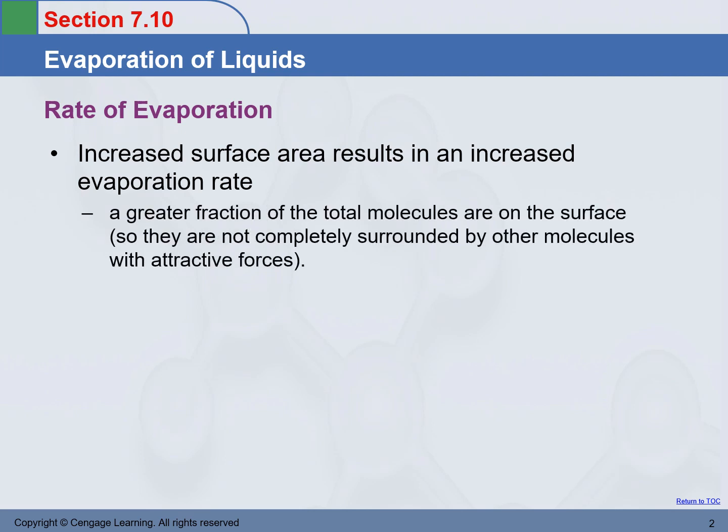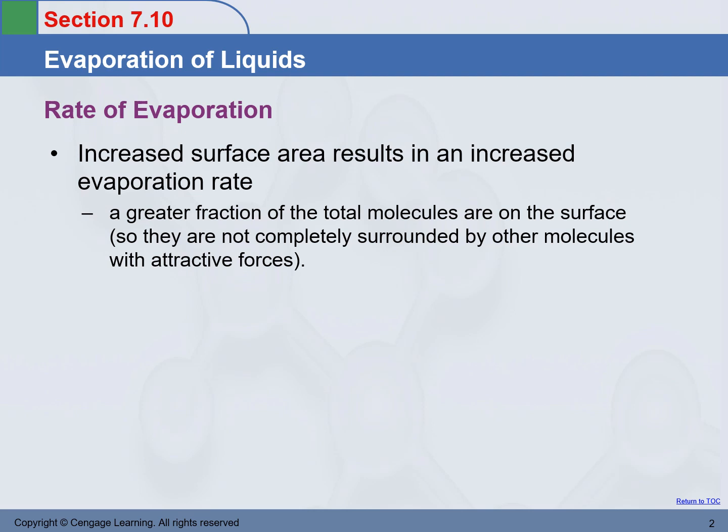Another factor that affects the rate of evaporation is temperature. On the last slide, we learned that for molecules to get evaporated, they need to gain enough kinetic energy to overcome the potential energy or the attractive force. How can molecules gain higher kinetic energy? Higher temperature.